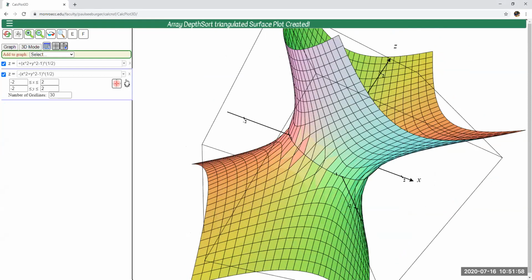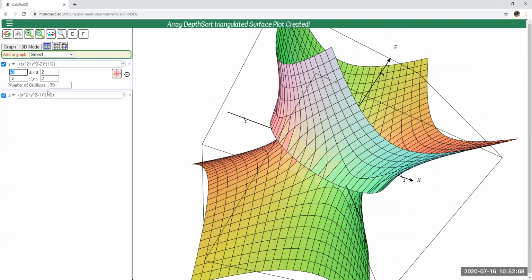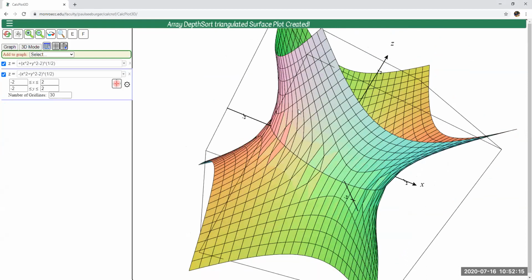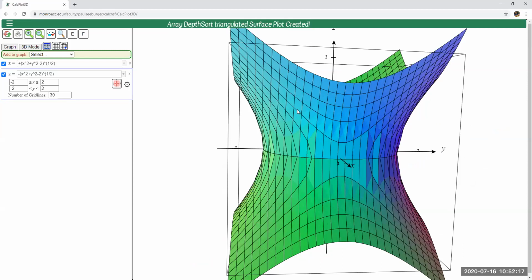Now the question is, what would happen if rather than minus 1, I choose minus 2? Okay, it has changed. What's the difference?